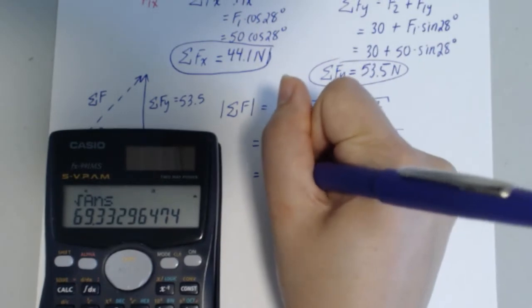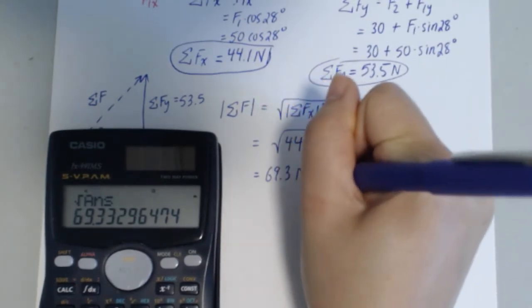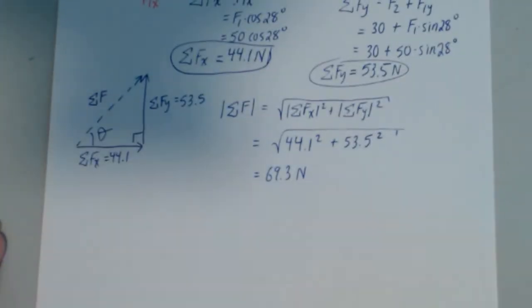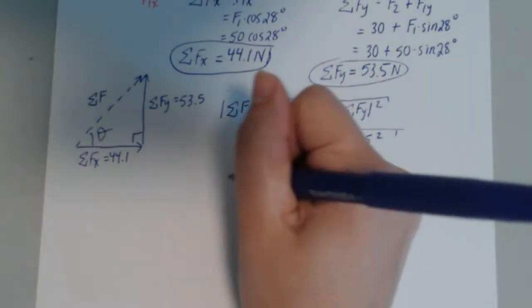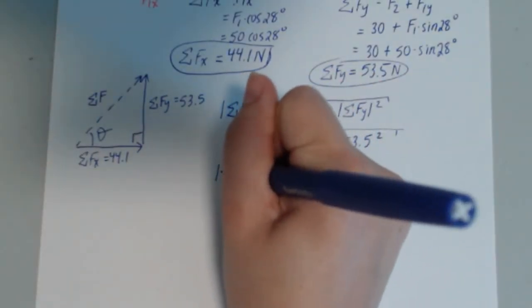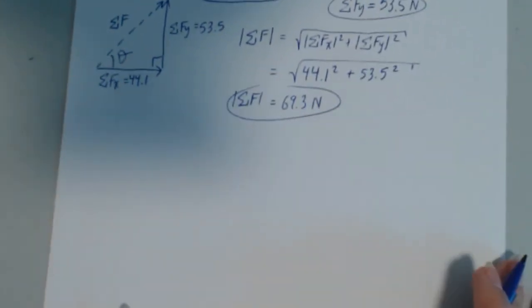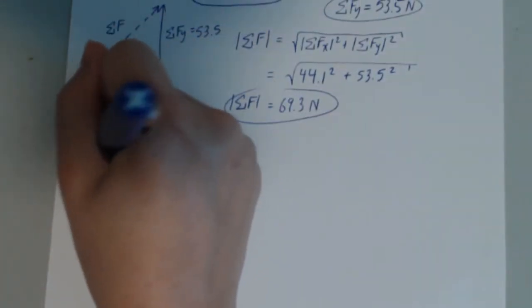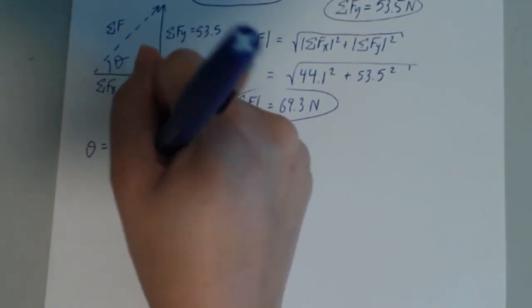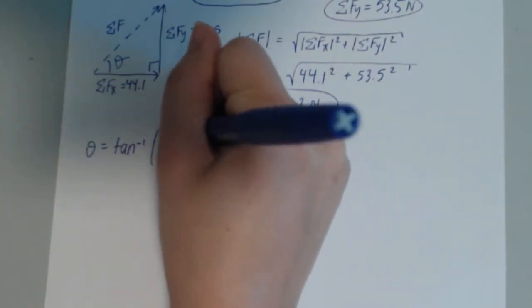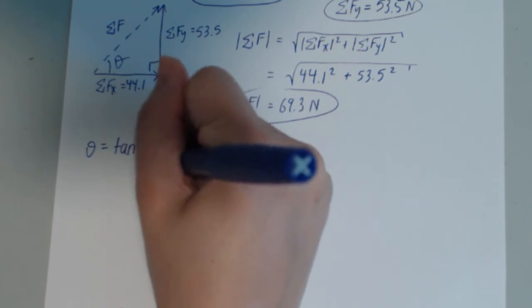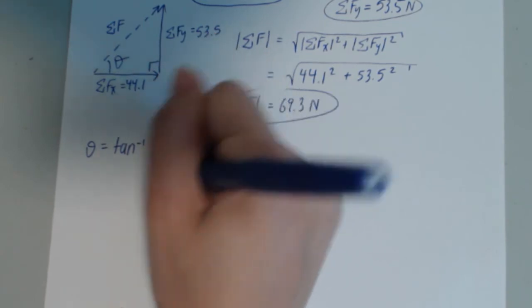So we have 69.3 newtons. Okay, so this is the magnitude of our resultant force. We have to find the direction, that's theta. So theta is going to be the inverse tangent of the magnitude of the sum of f of y over the magnitude of the sum of f of x.